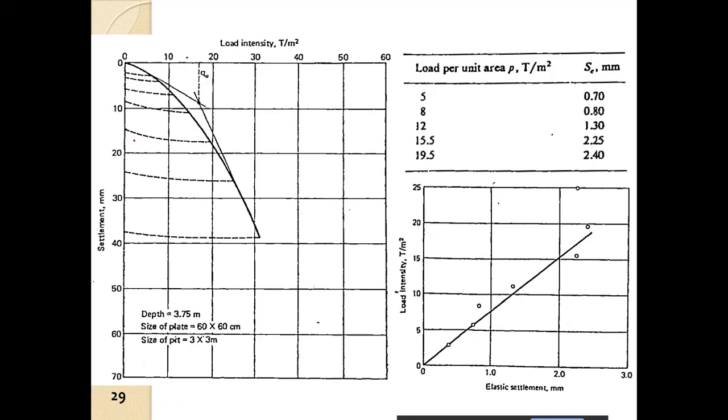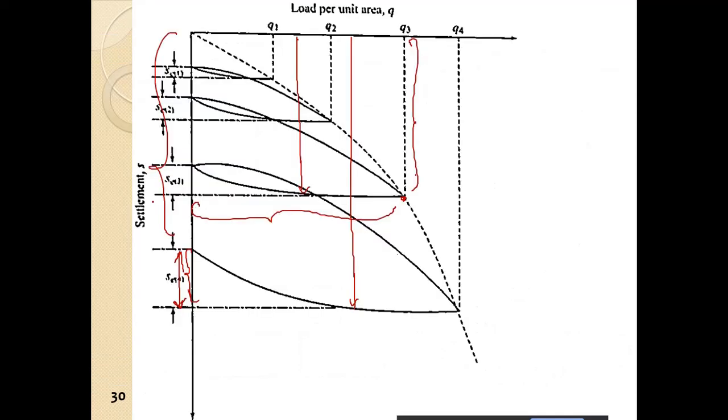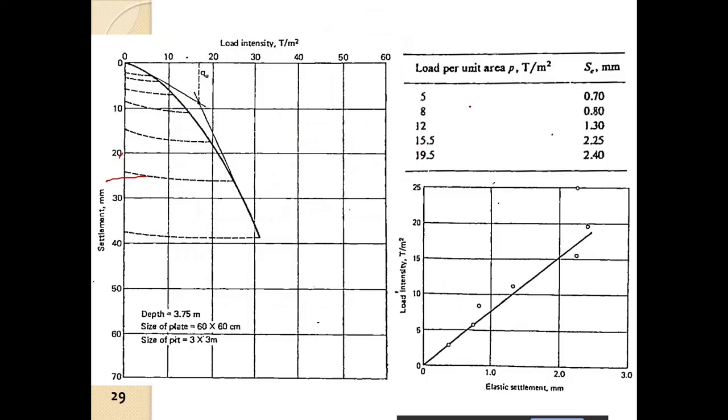So what we do in the cyclic plate load test is take out these elastic displacements, or elastic settlements, for the corresponding load, and plot them. This is the elastic settlement in mm, and this is the load per unit area in ton per meter square. Basically there is a plate and that plate is loaded.